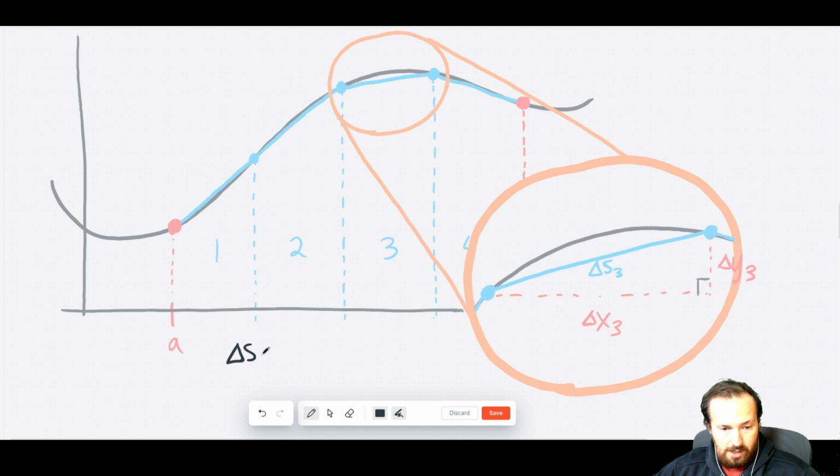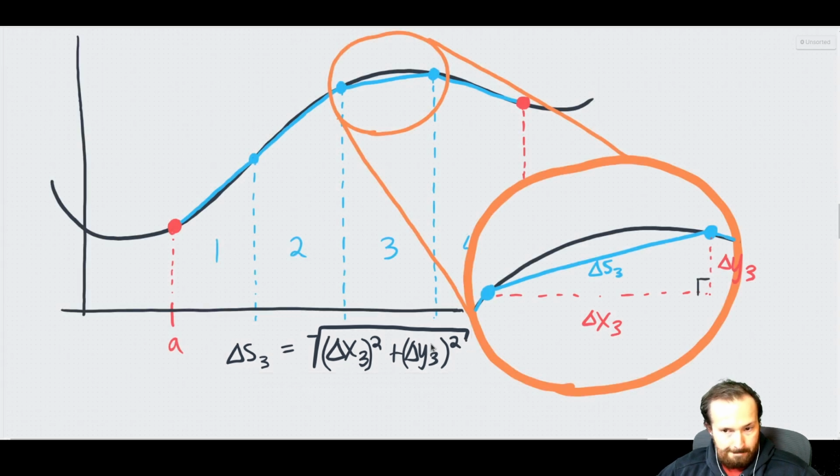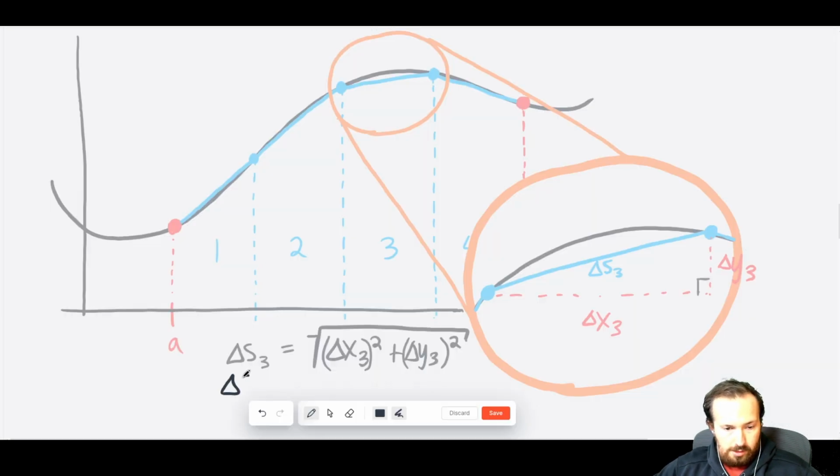Specifically, we know that delta s3 is going to be equal to the square root of delta x3 squared, that whole thing, plus delta y3, that whole thing squared. Just by the Pythagorean theorem. We know that. So that's good. And you can also abstract this: instead of 3, I'm just going to write k.